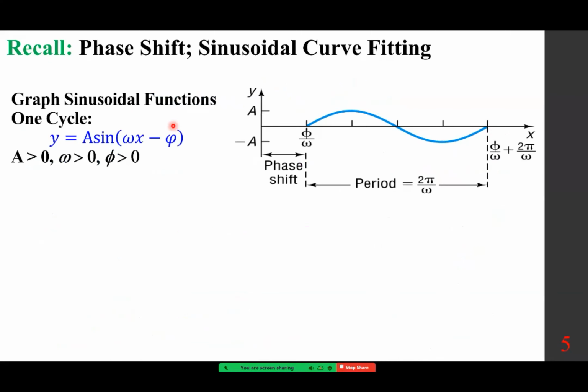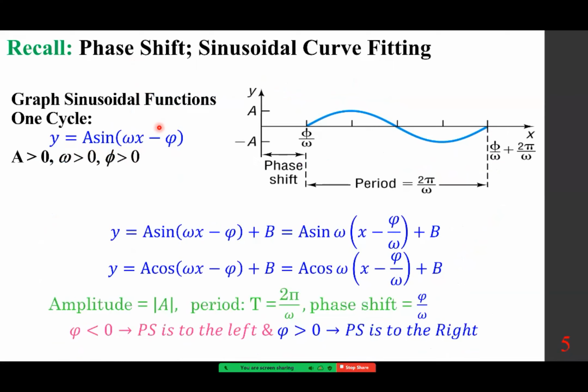Now, we also added phase shift. So y equals a sine omega x minus phi. So we take the omega out, and it's a sine omega times x minus phi over omega.